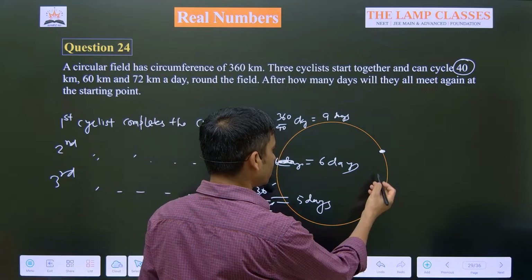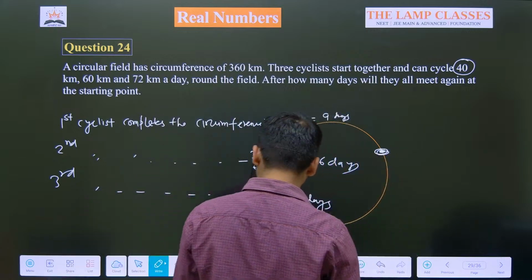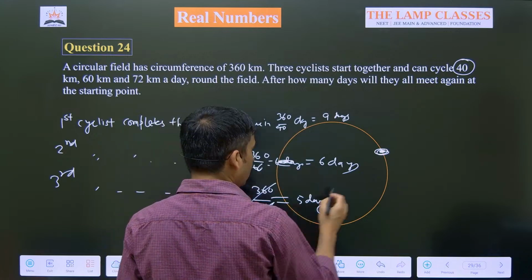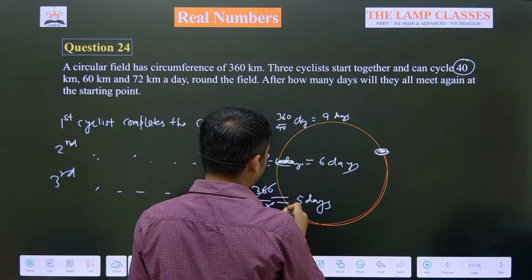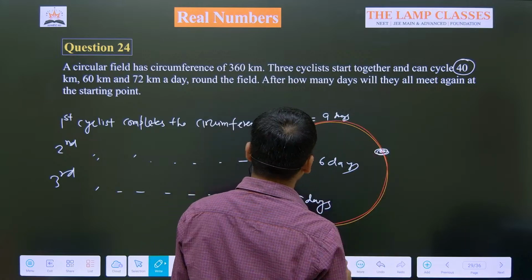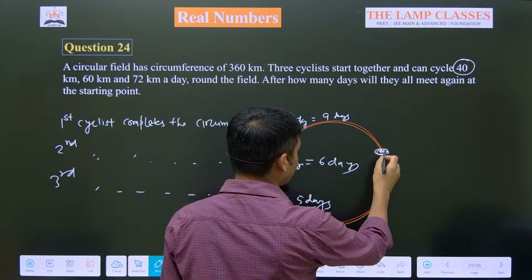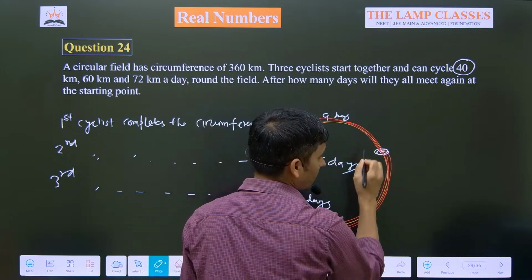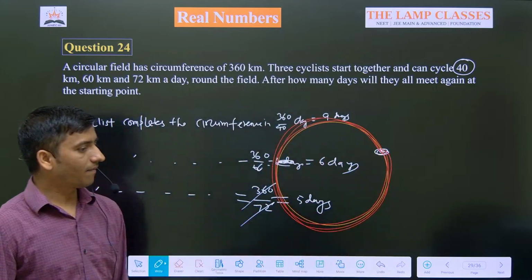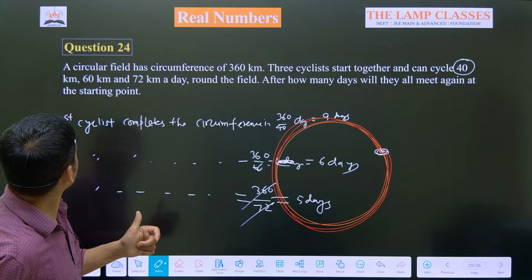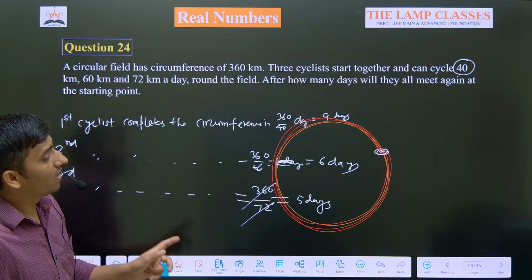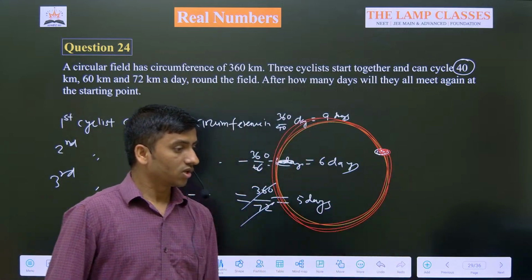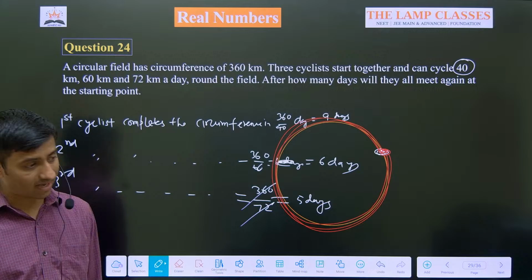The question is, they all are starting at this point, right? So let's again understand the question. First person will take 9 days to come back to this place. Second person will take 6 days. Third person will take 5 days to come to this place, right? So after how many minimum days will they be again meeting at the same point only? That is the question. So it has to be the LCM, guys, okay?